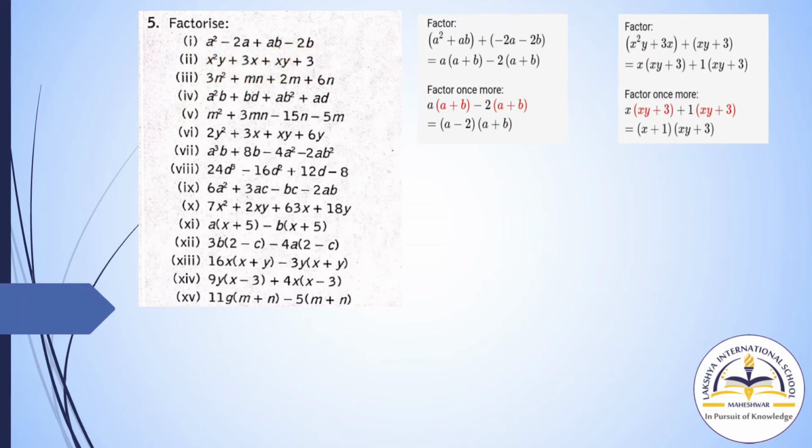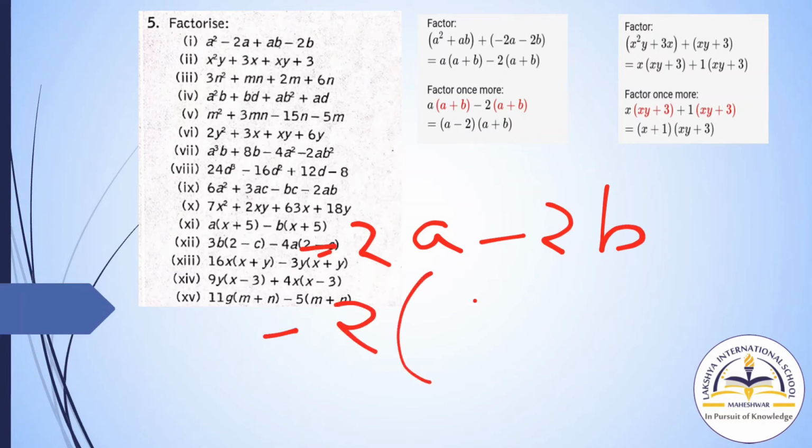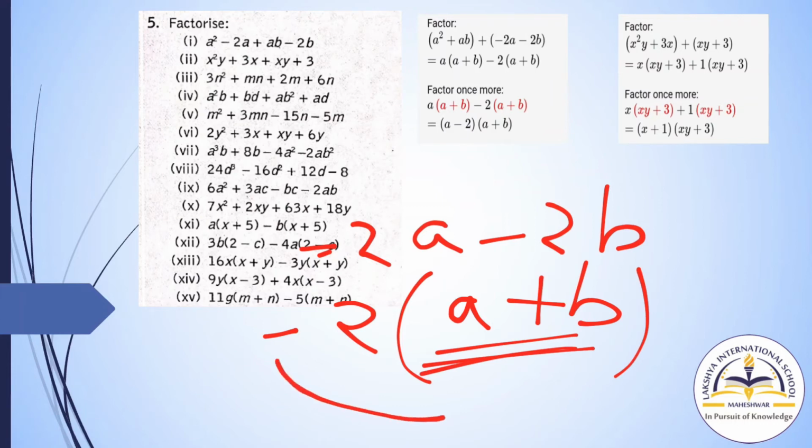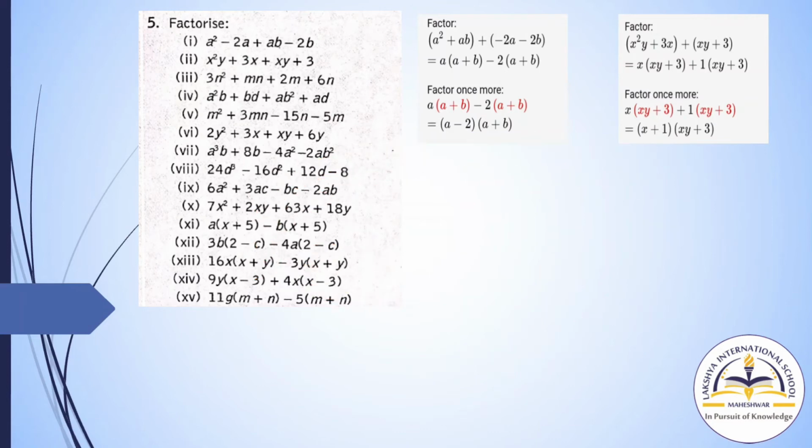Now here what you have to do, first we will write a square plus ab and minus 2a minus 2b separately, because you can see minus 2a minus 2b, we can take minus 2 common very easily, so here we have to write plus, because when we multiply this minus sign here we will get minus 2a minus 2b. So here the solution is written.